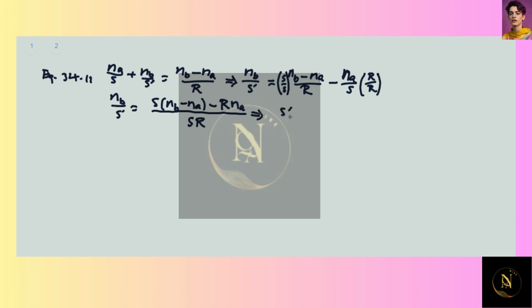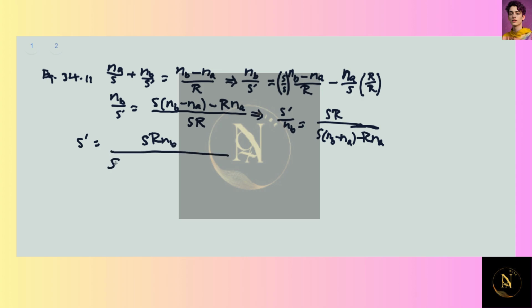So I have S prime over Nb is equal to S R over S times Nb minus Na, minus R Na. And then I'll just multiply both sides by Nb. So then I have S prime is equal to S R Nb, the whole thing divided by S Nb minus Na, minus R Na. And we have all of the numbers here that are given to us in this problem.